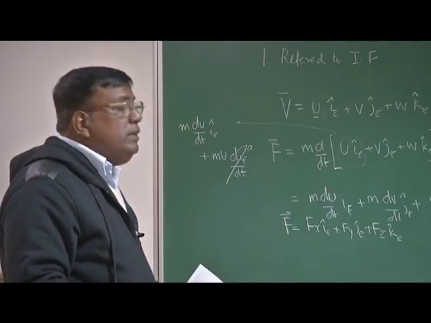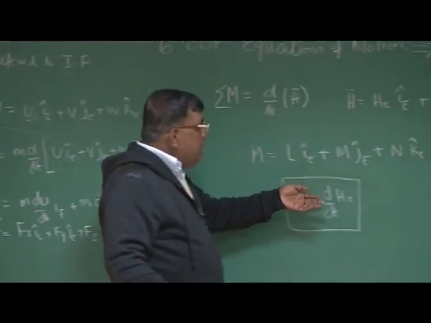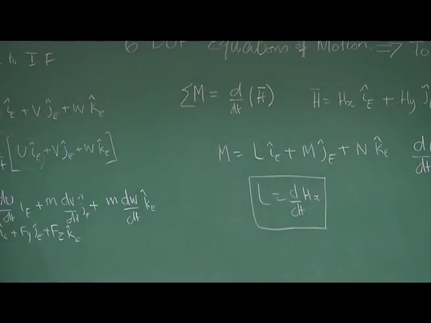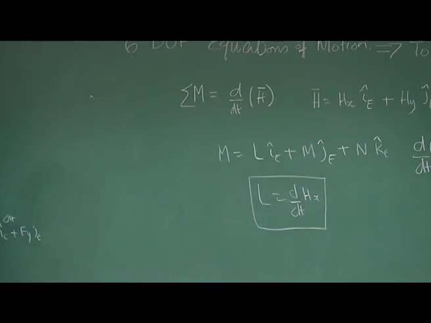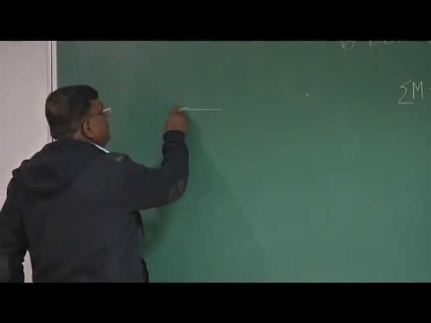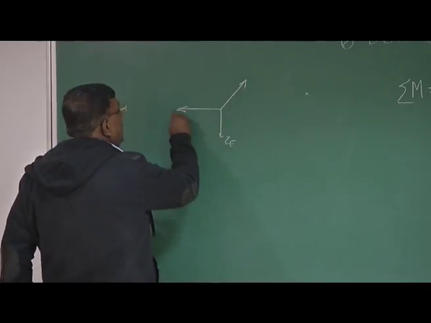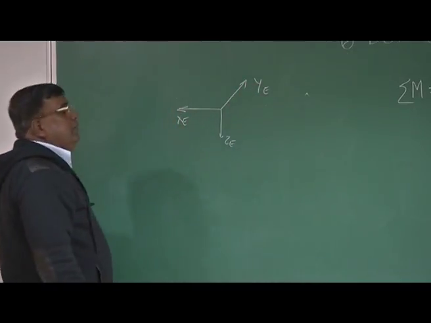Correct? So what is dHx by dt? This is the component along x direction. Please try to understand the physics so that you are not lost in these terms. Very simple: component along x axis, this is y and this is z, since you are working with the earth fixed inertial frame.